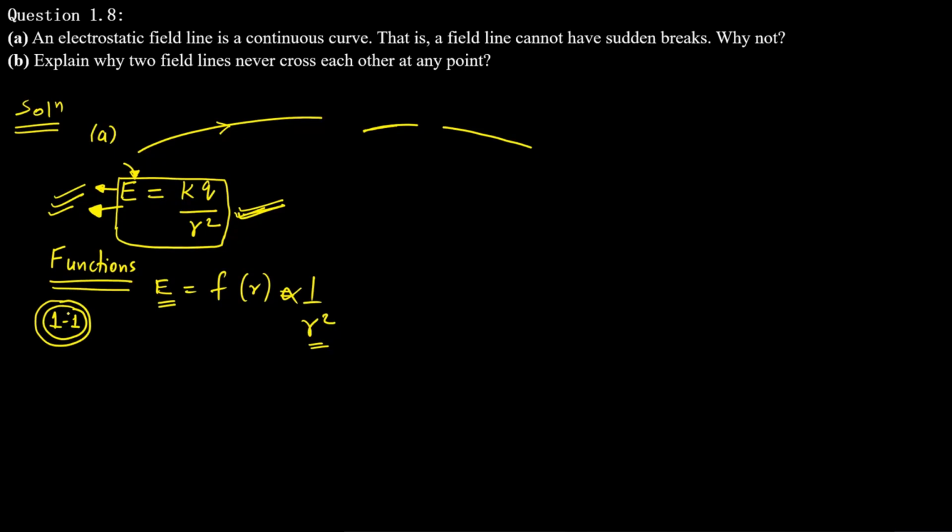Then second, this is a function of the square of the distance, so it is a continuous function, and a continuous function will not have any break. Clear? Yes, sir, it is clear. But sir, how can we decide whether a function is continuous or not?